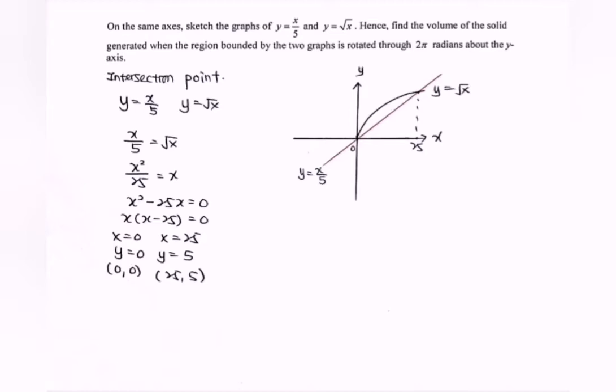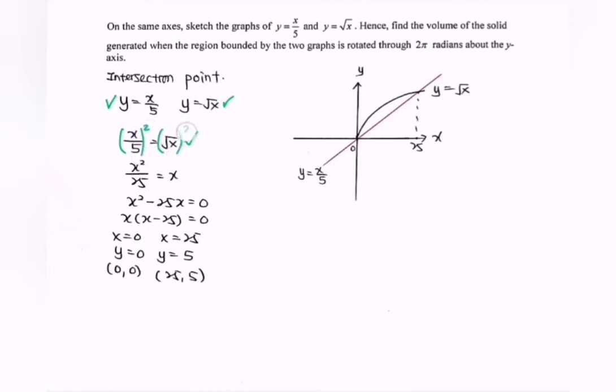So first task is to find the points of intersection. So here we have y equals x over 5 and followed by y equals square root of x. So in order to find the intersection point, kindly equate the situation and we have x over 5 equals square root of x. Then square both sides.